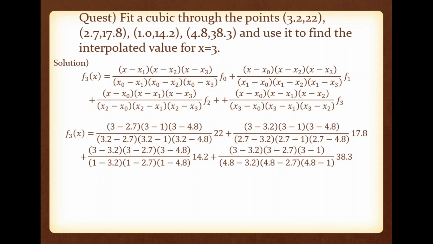Here that x is replaced. Please go through the previous equation. There that x is replaced with this point. Then we have extrapolation, x is replaced with 3. So all x values in the numerator are replaced with this 3.